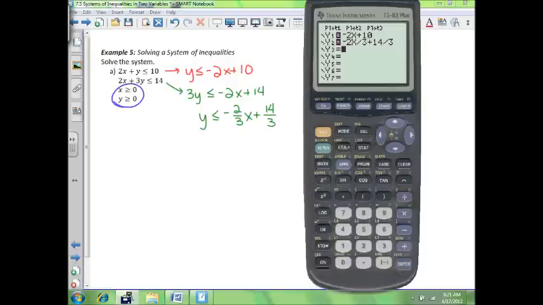So that's how you can put that in there. Now, your window, I would make your window 0 to 10 and 0 to 10.